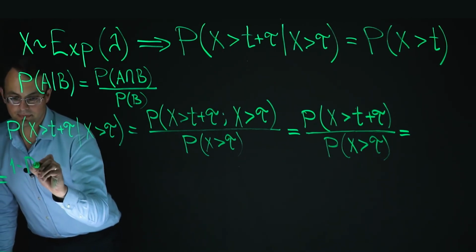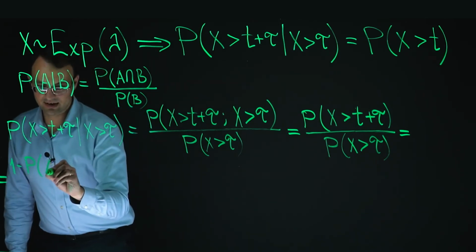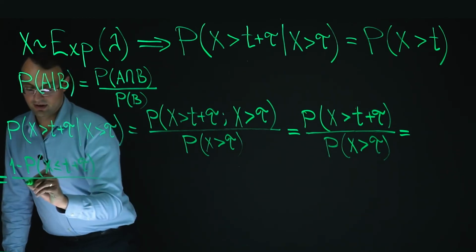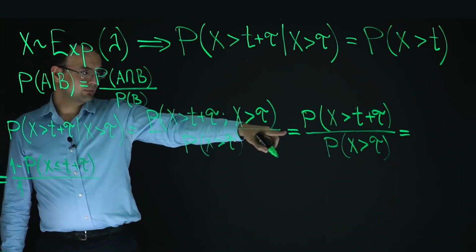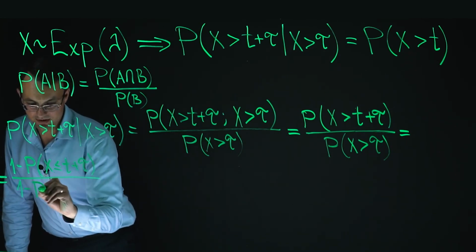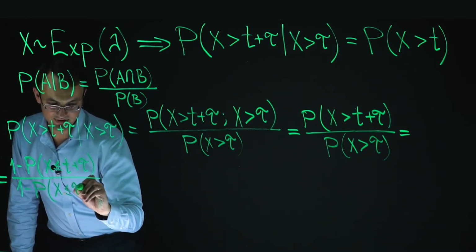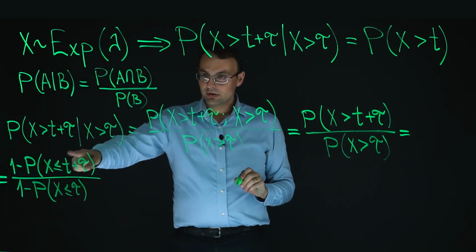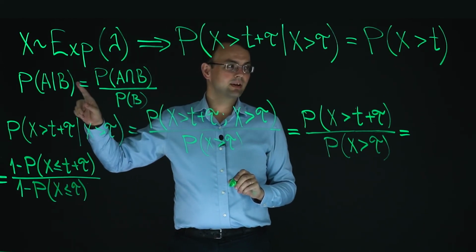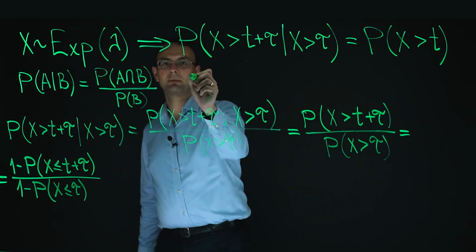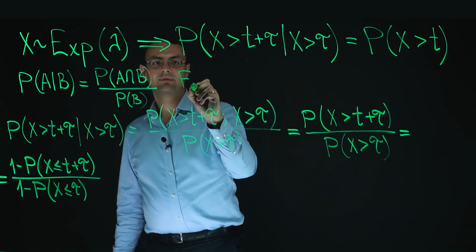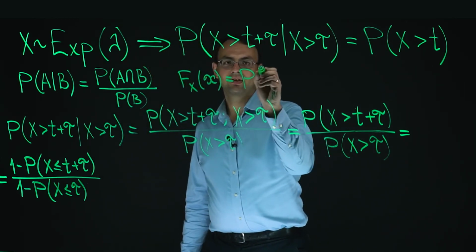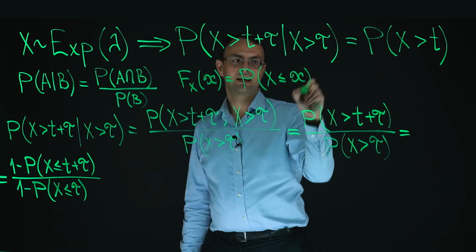So I say that this is equal to 1 minus the probability of the complement event, the probability that x is less or equal than t plus tau, divided by, I do the same operation in the denominator, 1 minus the probability that x is less or equal than tau. And then I see that what I have here reminds me of the definition of the CDF. Let me remind you, the CDF of a random variable is the probability that x is less or equal than small x.